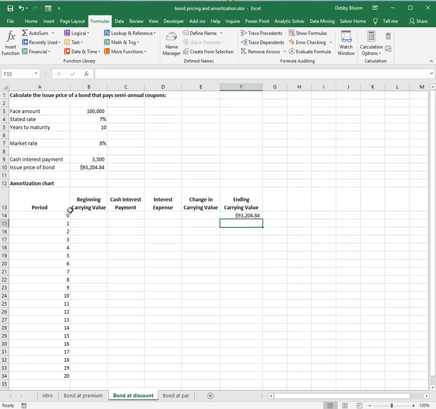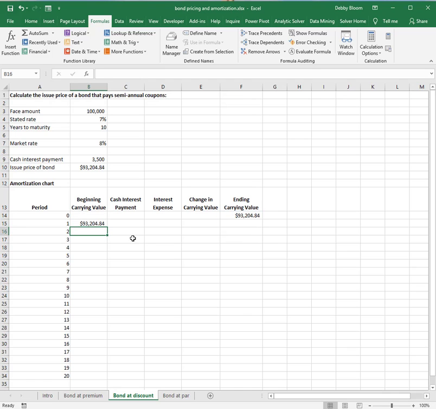If you remember from our premium calculations, the beginning carrying value is the same as the ending carrying value for the period before. So I'm going to type an equal sign and click on cell F14 to tell Excel that whatever is the ending carrying value for one period, I want that same number as the beginning carrying value for the next period.